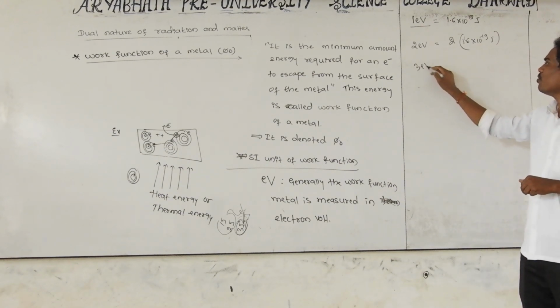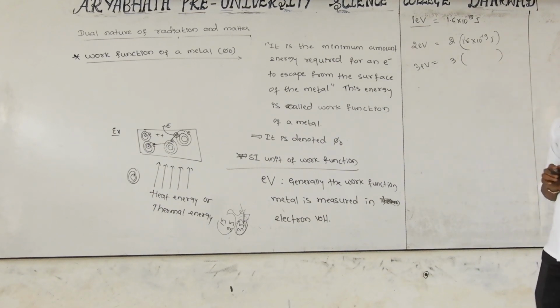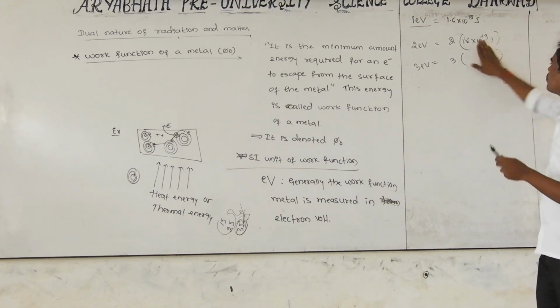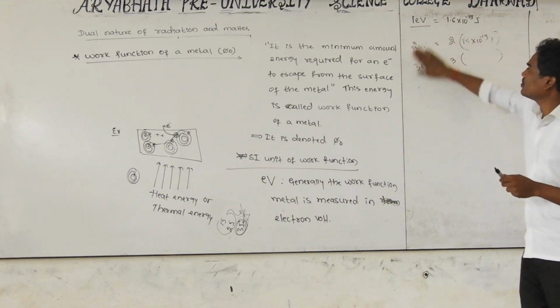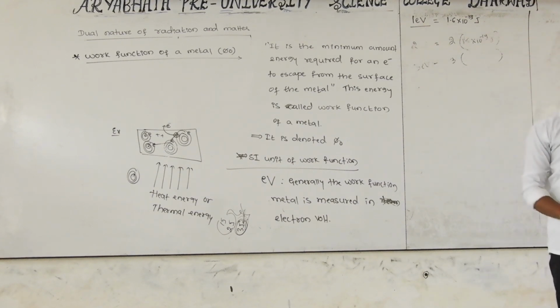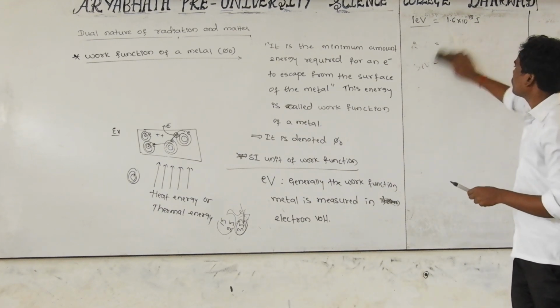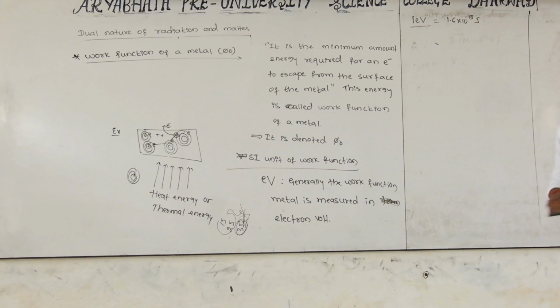Again, 3 electron volt means multiply by 3. This process continues, but in order to measure the work function, we are going to use the term 1 electron volt, which is 1.6 into 10 to the power of minus 19 joule.